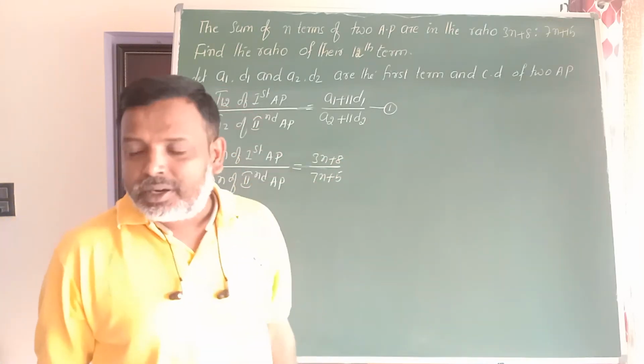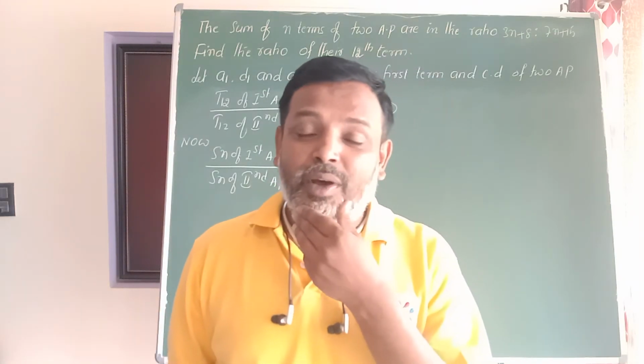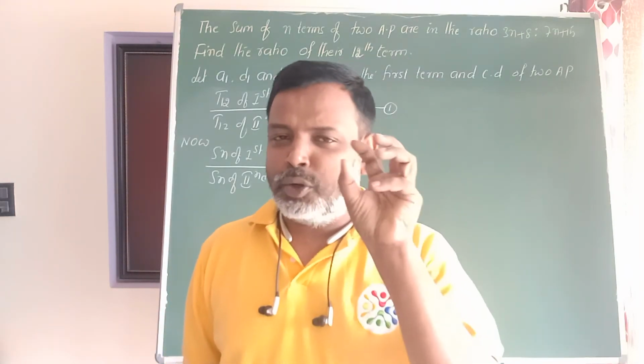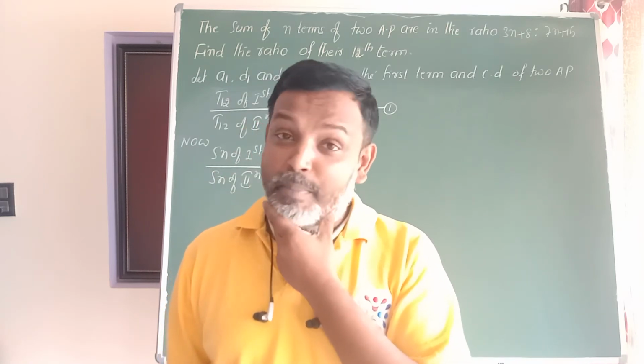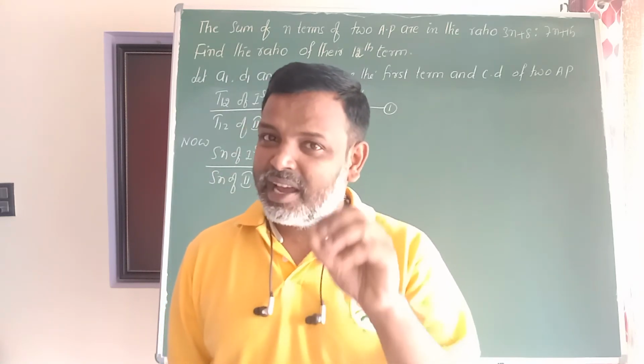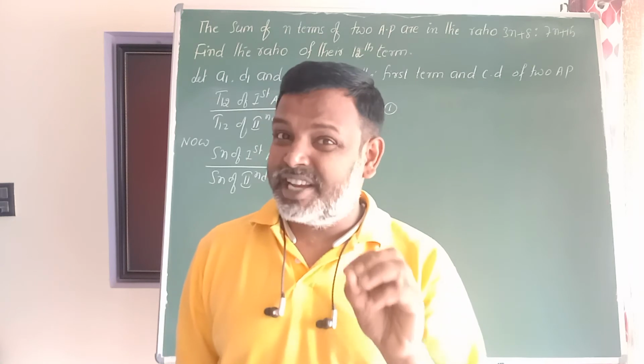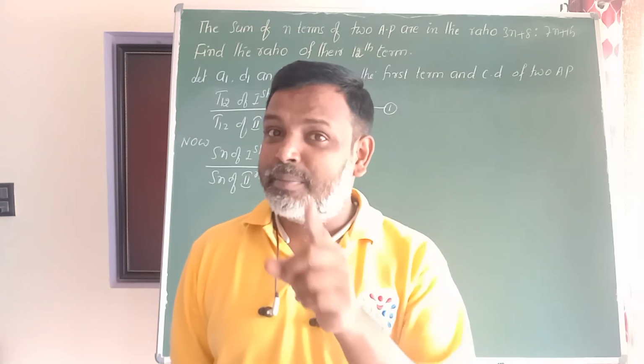And you know that, dear student, Sn is given by n/2 into (2a plus (n minus 1) into d). But for the first AP, we change a to a1 and d to d1.